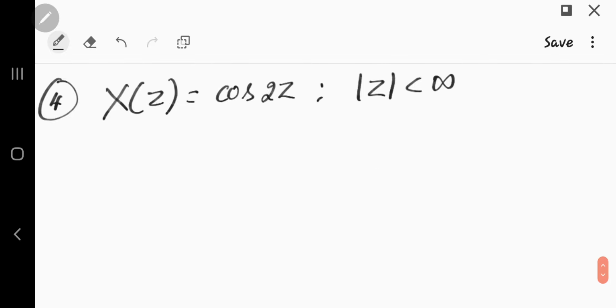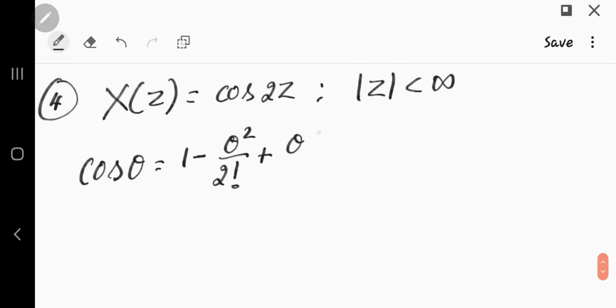So now the expression for this, the cos theta can be expressed in this way: 1 minus theta square by 2 factorial plus theta 4 by 4 factorial plus theta to the power of 6 divided by 6 factorial plus so on. So we can express cos theta in this form, that is the series expansion of this.